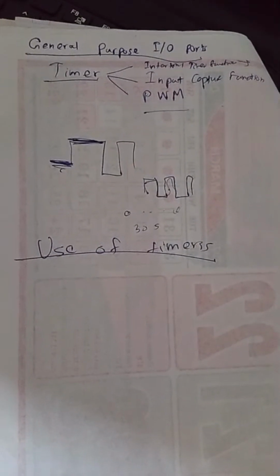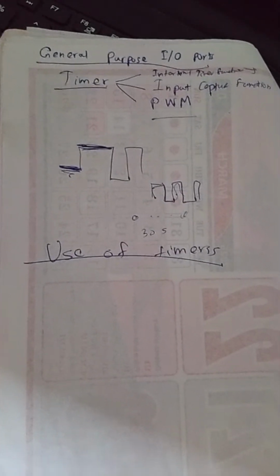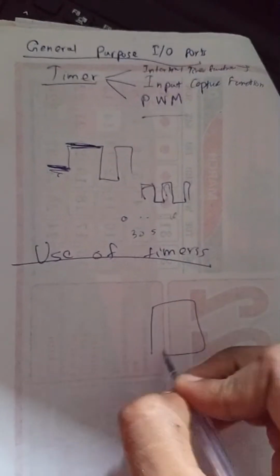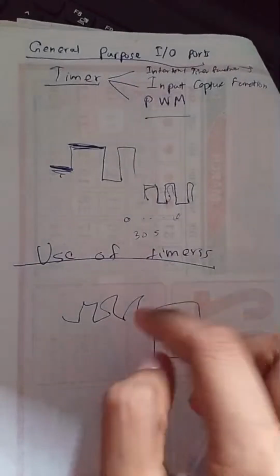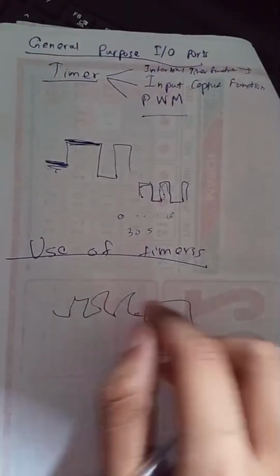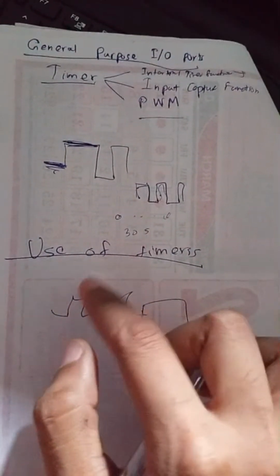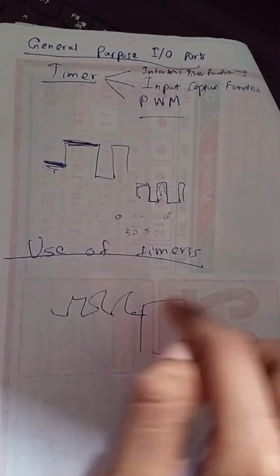If we use a microcontroller and we use a timer module, normally a microcontroller gets input, right? So for the input signal, we should provide some kind of clock pulses as input to the microcontroller.